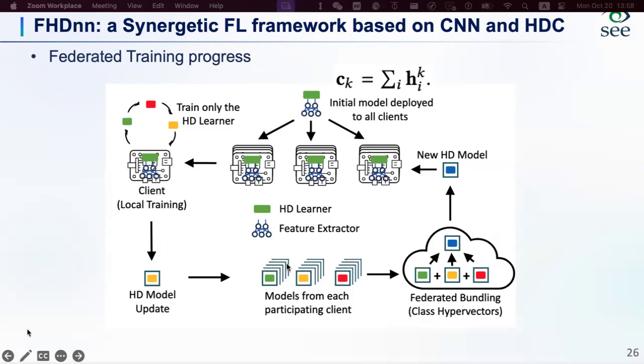One method to address this is to use a feature extractor at the beginning, like a pre-trained model on this data set. It can extract very useful features, and then we transfer the representation obtained to hyperdimensional computing, and then we can just update the hyperdimensional vectors.